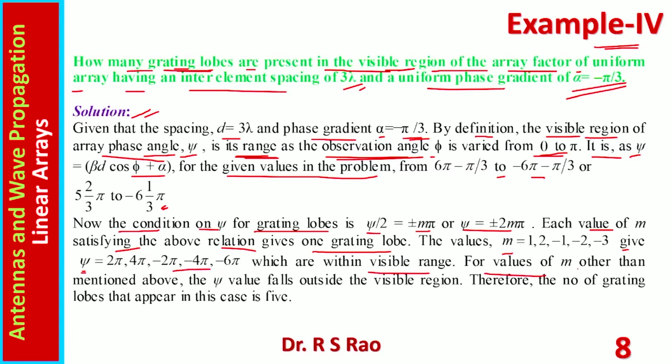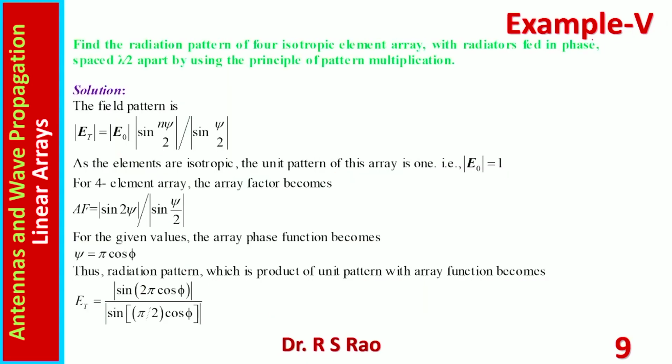For values of m other than mentioned here, the psi value falls outside the visible region. Therefore, the number of grating lobes that appear in the visible region is 5. Answer is 5.